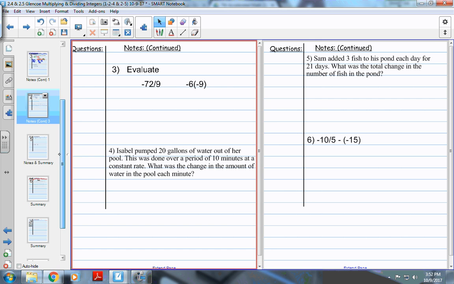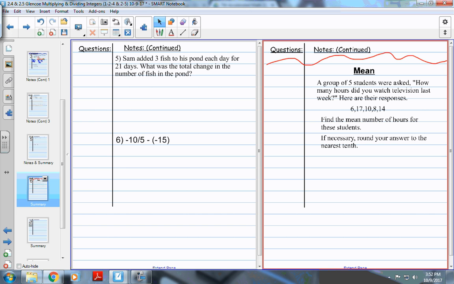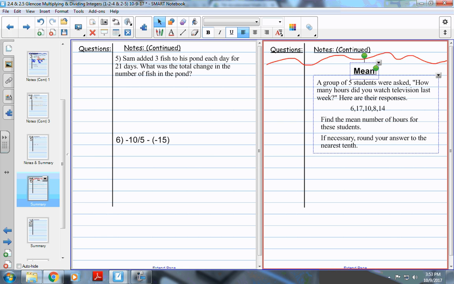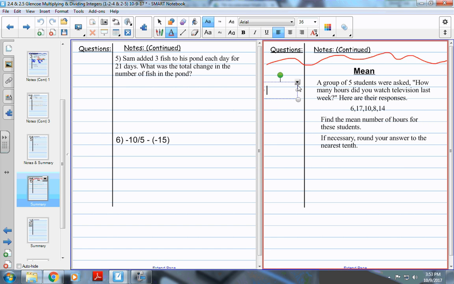Now, our very last concept in 2.4.25, and again, I combined 2 lessons, so this note you may notice is a little bit longer, is we're going to have to talk about mean and what mean actually means. So what is a synonym for mean? You should start thinking to yourself, what is a synonym for mean?